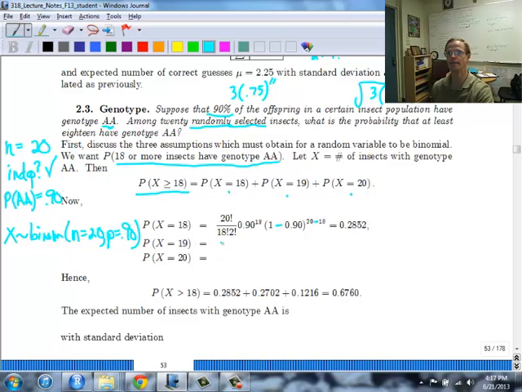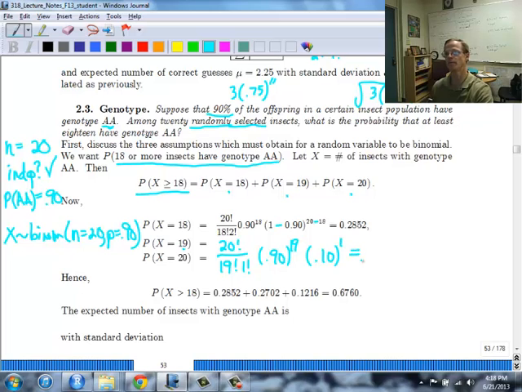Let's go to 19. We have 20 factorial over 19 factorial, 1 factorial, times 0.9 to the x power, where x is 19. So put a 19 here. And then we're going to have 1 minus 0.9, which is 0.1, to the n minus x power, which is 1.